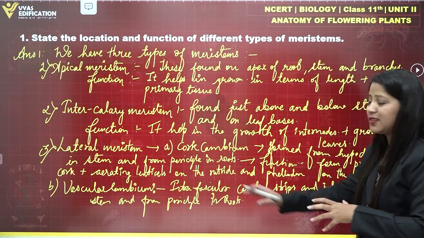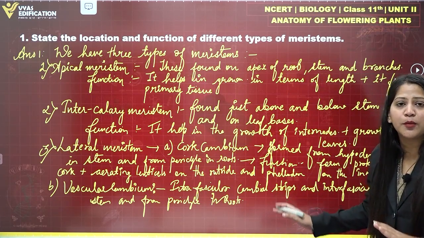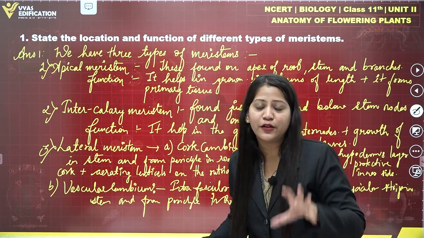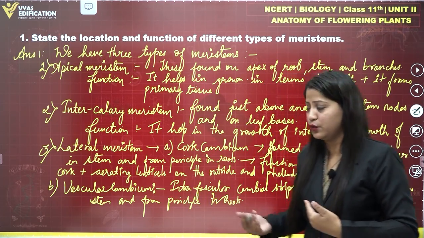So this is formed from this kind of tissues, such as intrafascicular cambial strips and interfascicular cambial strips in stems, and in root it develops from the pericycle region.